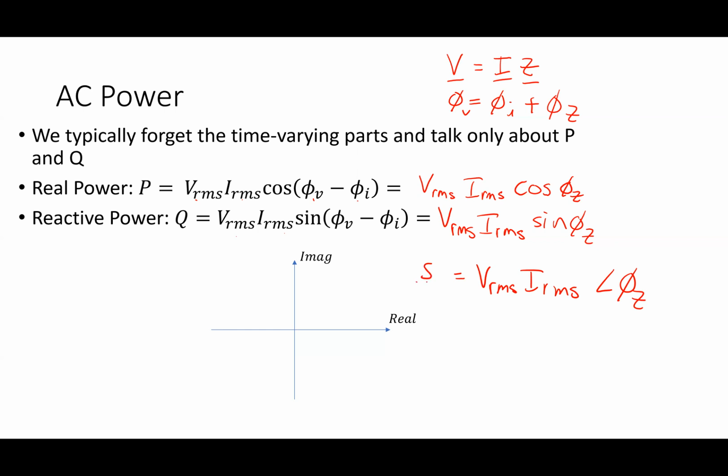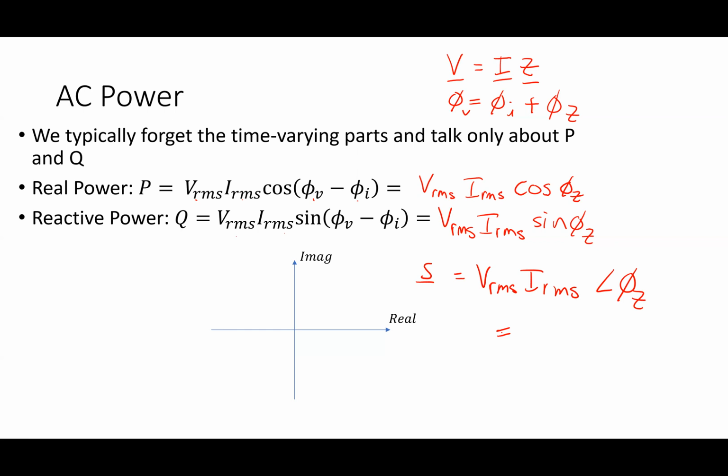We call that vector S, the complex power. Hopefully you remember that. If I look at this carefully, because of the way those are set up, what we also said is that this is the same thing as what times what.